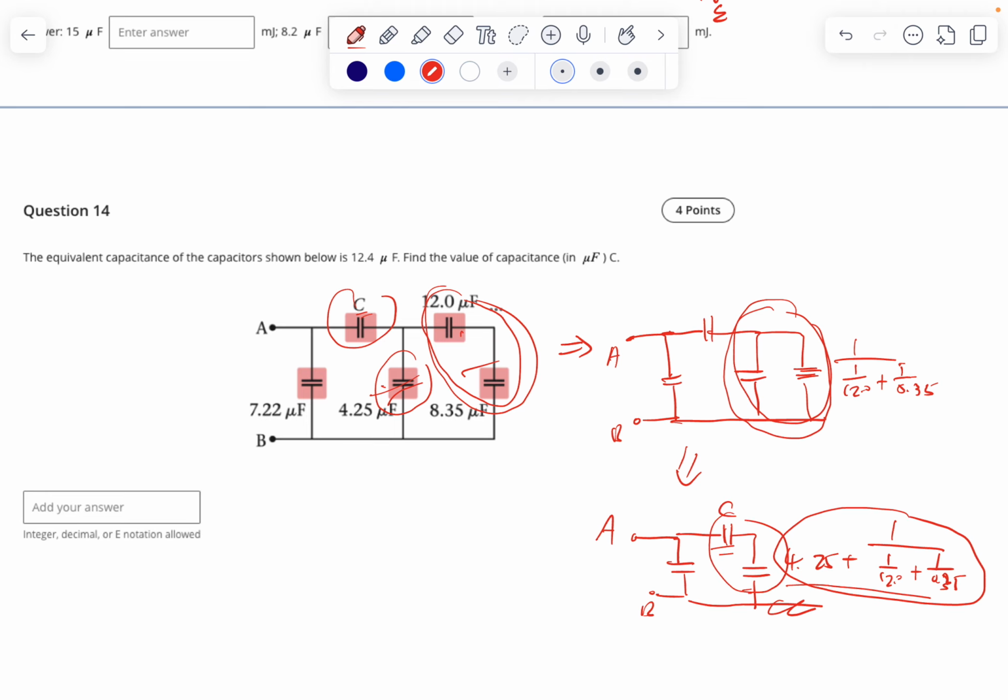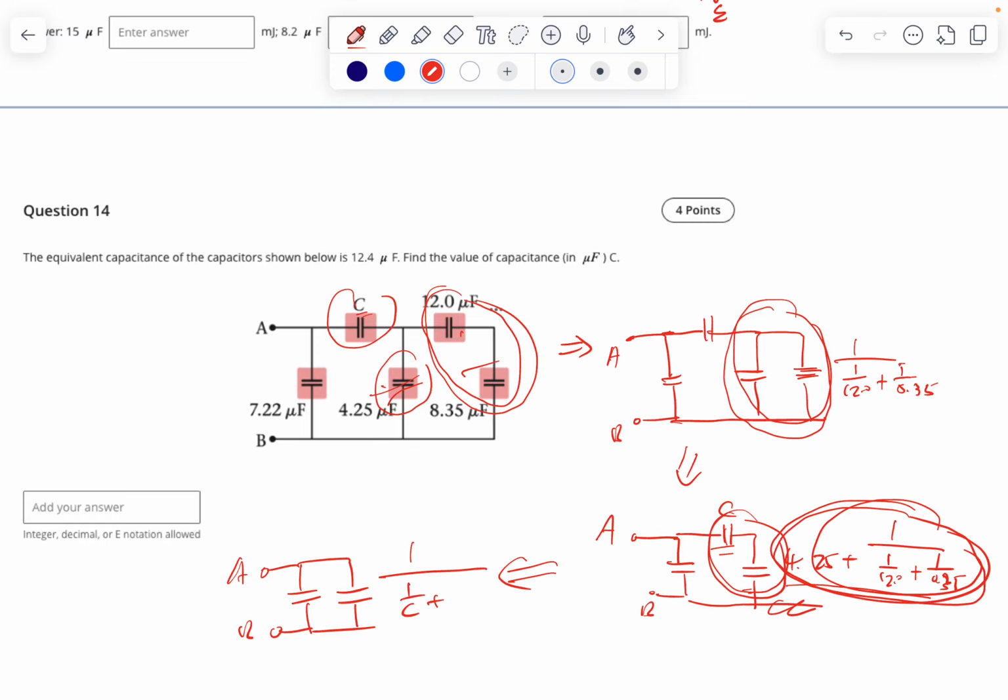So now next one is A, and you have something here, A, B, and then you have this, right? In series is 1 over C plus 1 over this whole thing.